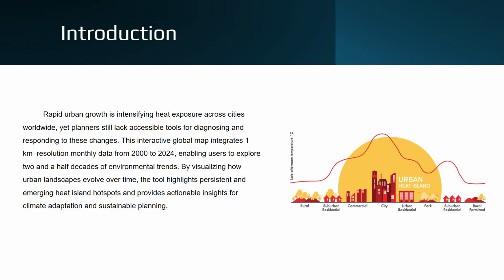This project aims to address that by creating an interactive global map using 1 kilometer resolution satellite data spanning from the years 2000 to 2024. By enabling users to explore urban environmental trends over 2.5 decades, the tool reveals persistent hotspots and helps support sustainable planning and climate adaptation.